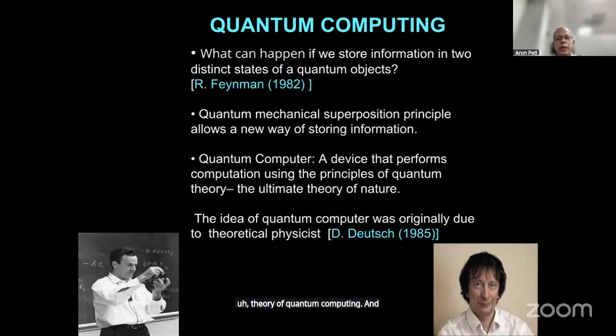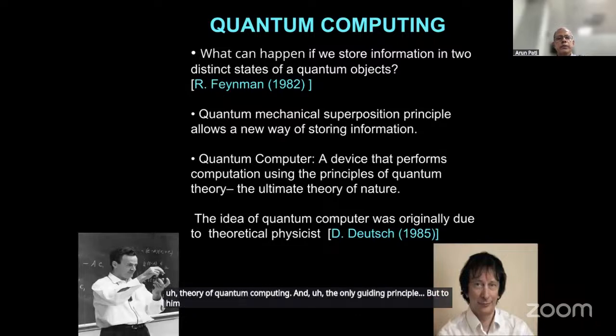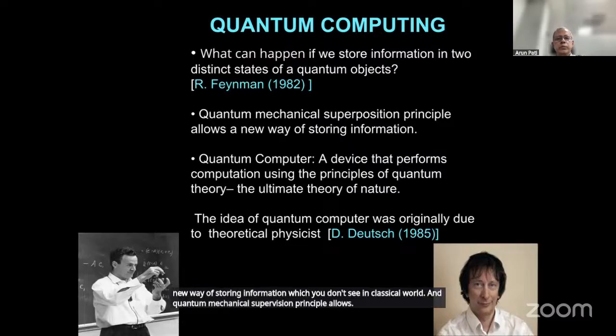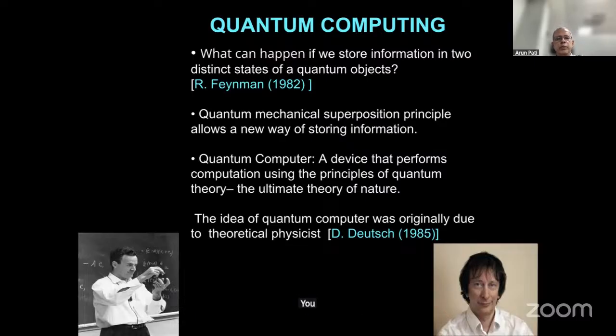And the only guiding principle to him was the so-called quantum superposition principle, because if you use that, then you can have a new way of storing information which you don't see in the classical world. And quantum mechanical superposition principle allows you a new way of storing and manipulating information.